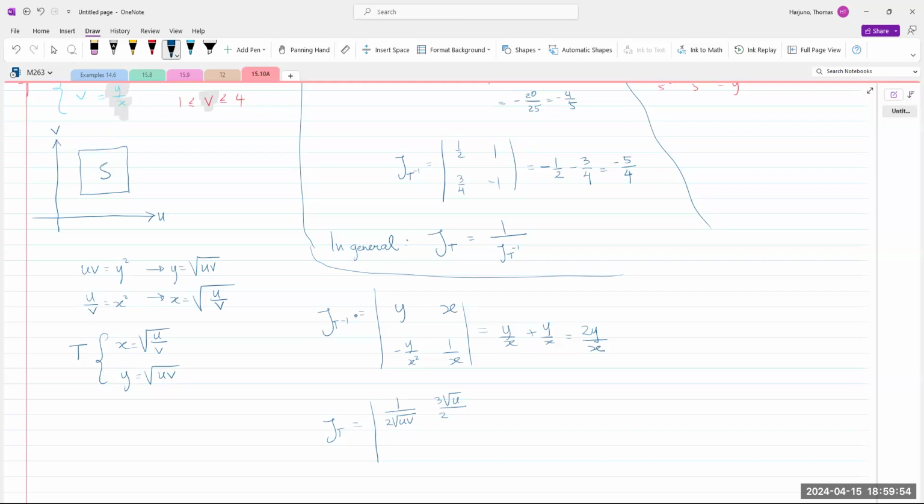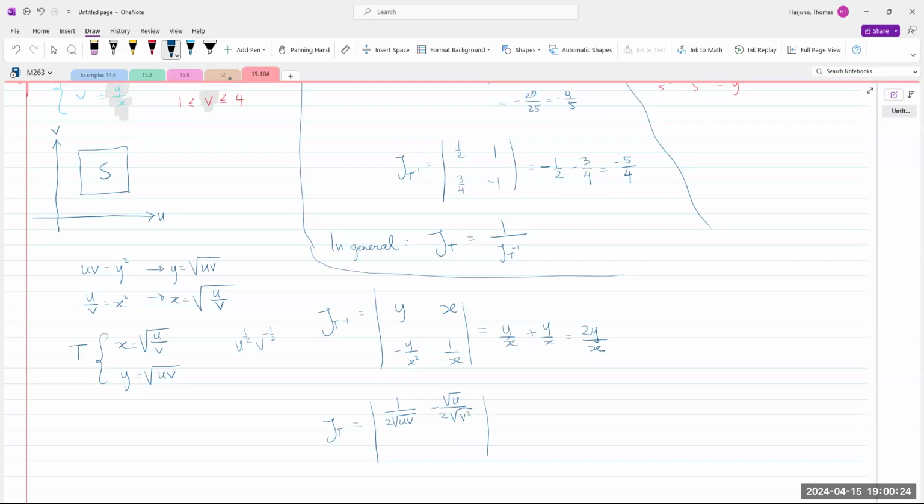Hold on, I'm kind of a bit lost. It's u to the 1/2, v to the negative 1/2. When I do the derivative, I'm not integrating. Let's do the derivative. This is negative square root of u over 2 square root of v cubed.